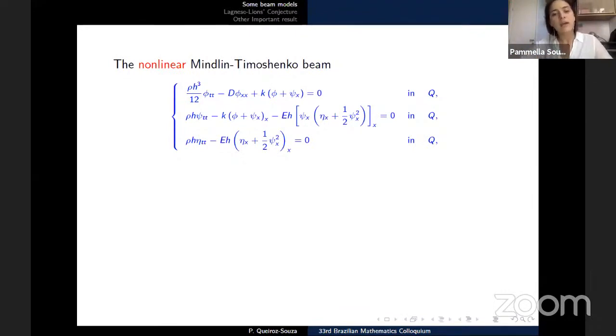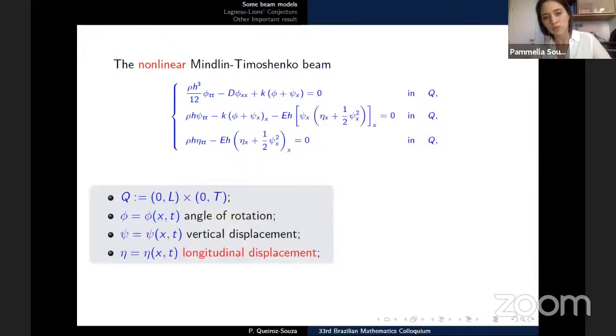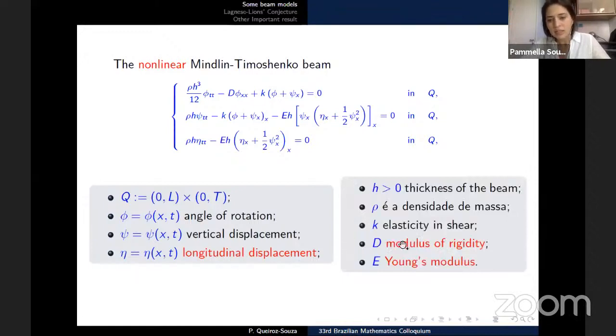Here we have another beam model, a complete system, and in addition to all components above, we have the component eta, which represents the longitudinal displacement, D is the modulus of rigidity, and finally E corresponds to the Young's modulus.